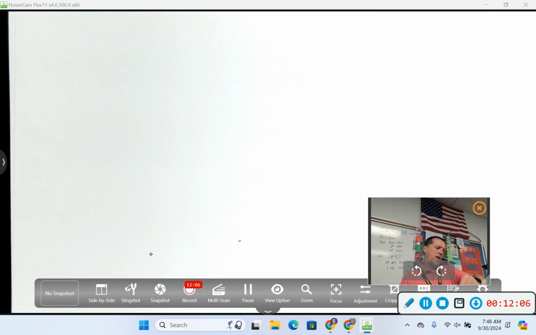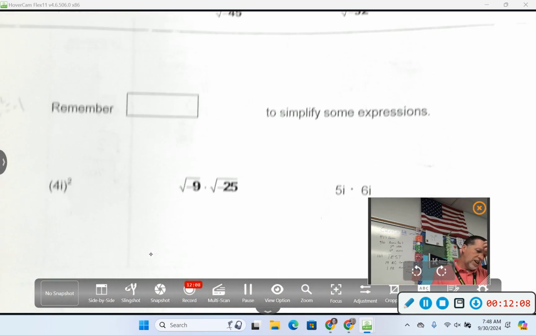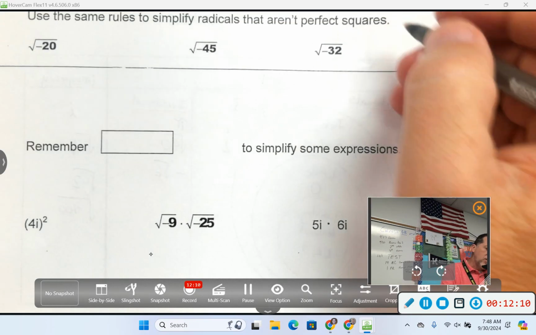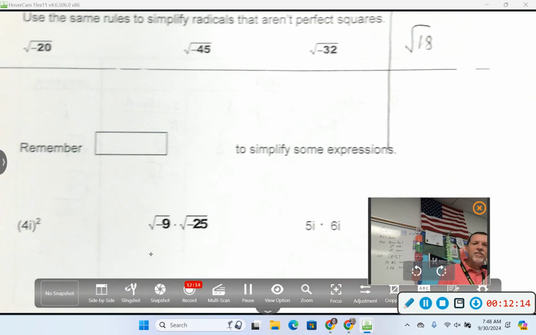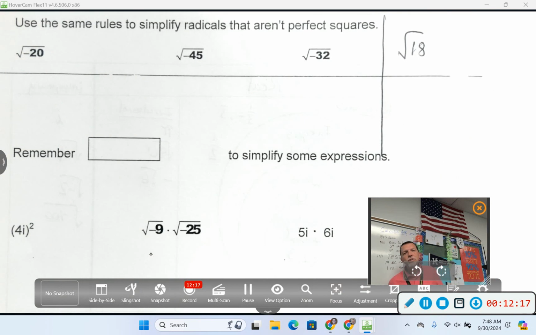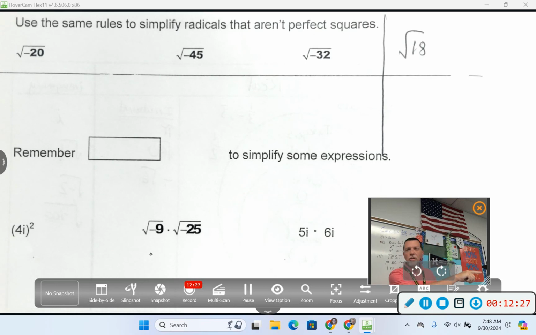Turn the page. You know what we should have done as a warm-up is some normal radicals. So like off to the side here. Before we stick the negatives in there and really complicate things, what do you do with the square root of 18? Yeah, the answer is 3 root 2, but you get there by taking out the biggest perfect square.